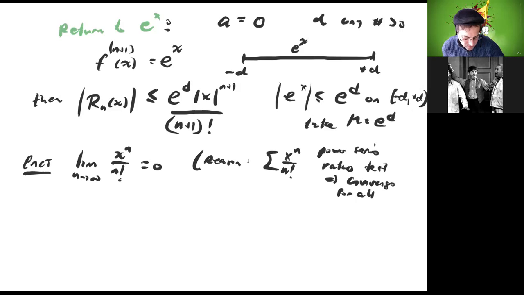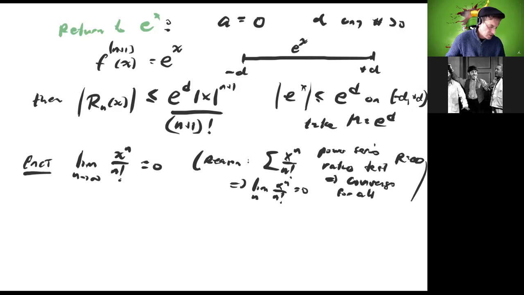The radius of convergence of this series is infinity. So therefore, since the series converges, by the divergence test the limit of x to the n over n factorial has to be 0. So that's what we wanted to show, this fact.